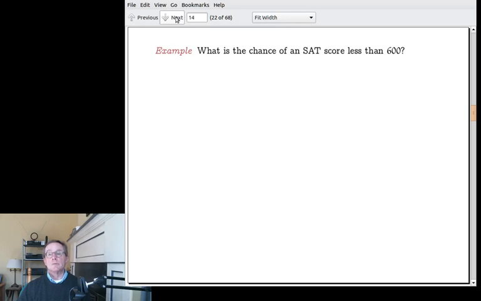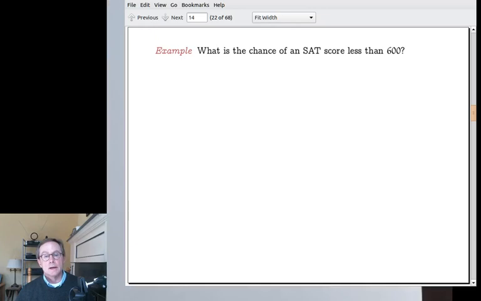Okay, so for example, we can do a calculation. What's the chance of an SAT score less than 600? So let me bring up my paper and bring down the slides. SAT score less than 600. So let's see here.